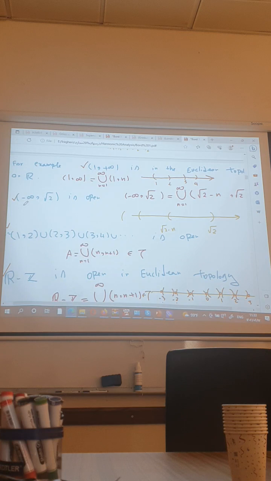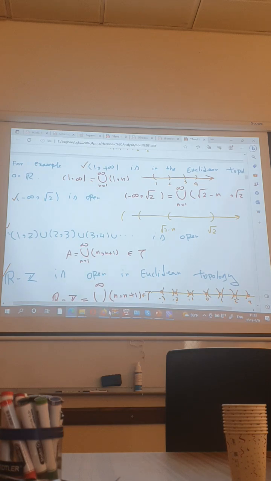Or for example, this is open in the Euclidean topology because we can write this set equal to this union: intervals (radical 2 minus n, radical 2), if we consider n equal to 1, 2, 3, and so on, tending to minus infinity, okay?